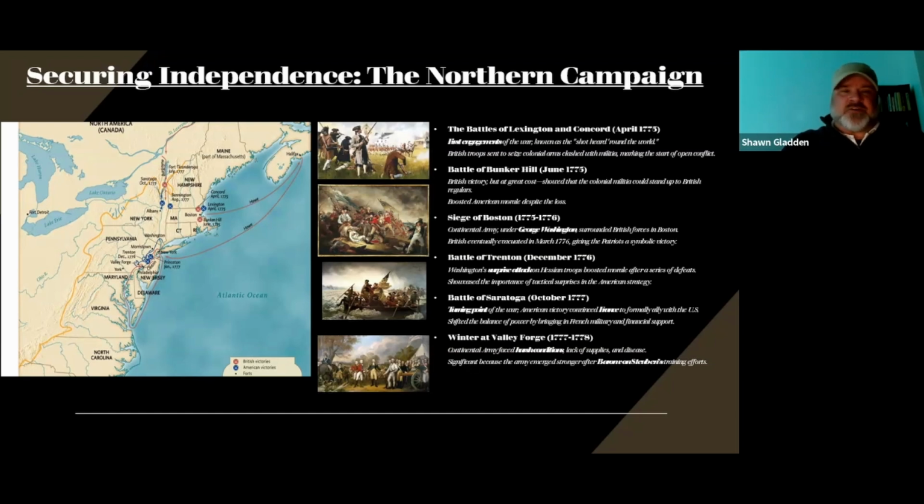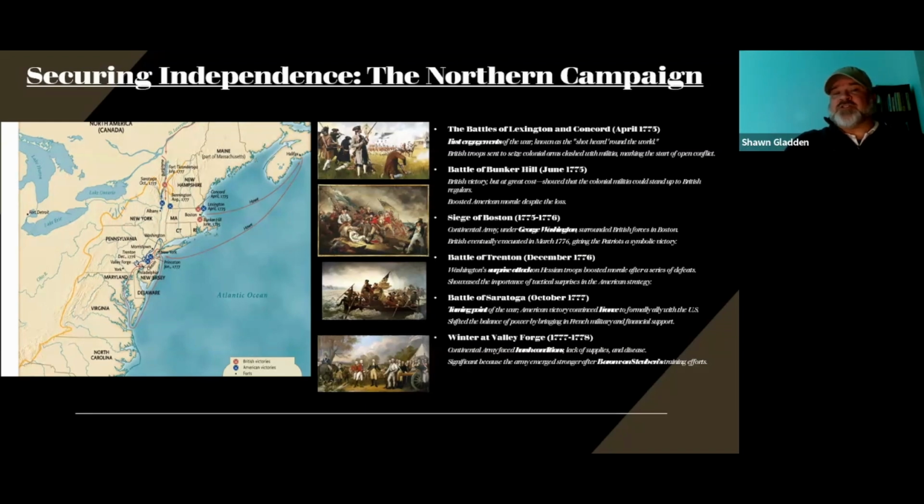However, it is during this winter that Baron von Steuben is hired. He's a Prussian military officer, and the reason he's in the colonies is actually kind of interesting. He was kicked out of the Prussian army because he's homosexual, and he was disgraced and found his way as an advisor training the Continental Army in the winter of 1777 to 1778.